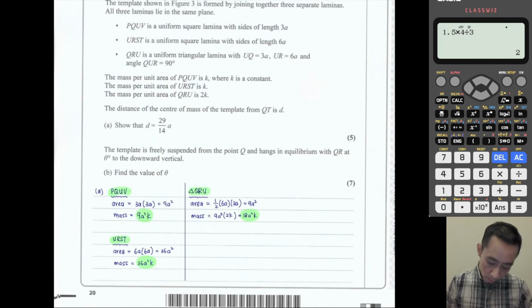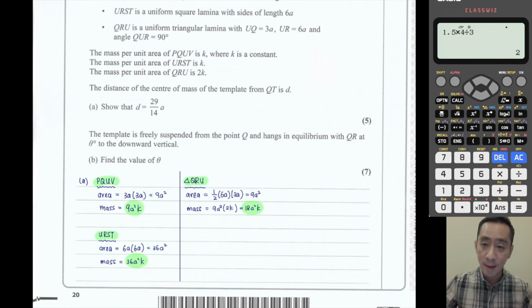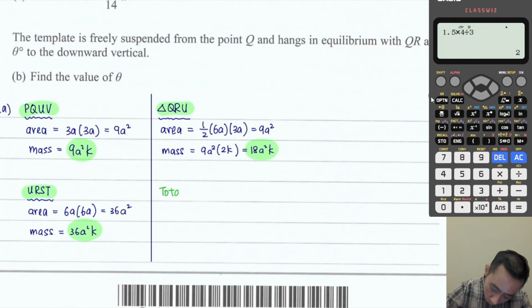So here, let's find the center of mass. The total mass is 9a squared k plus 36a squared k plus 18a squared k.